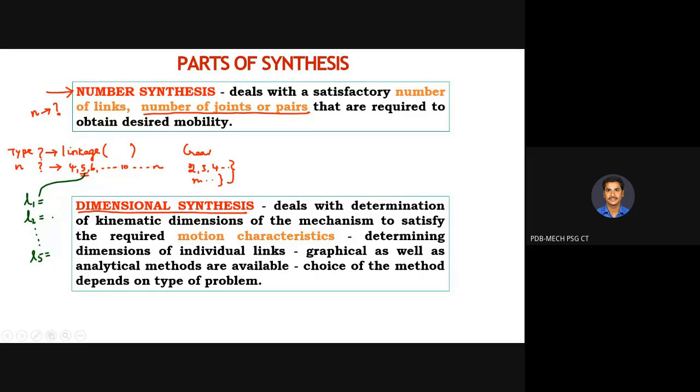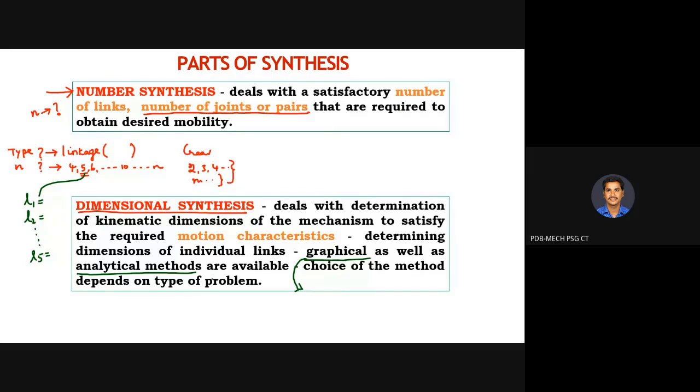So in dimensional synthesis we identify the dimensions of each and every mechanism that we are going to use. We can use a graphical approach for finding this, or analytical methods. More appropriately we will stick with the graphical approach.